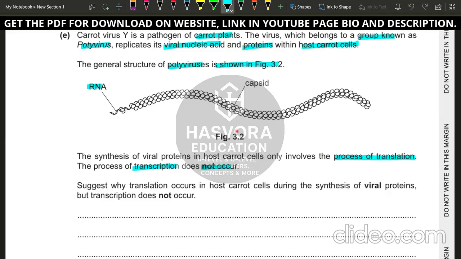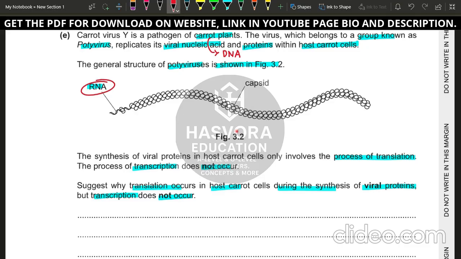Suggest why translation occurs in the host carrot cells during the synthesis of viral proteins, but transcription does not occur. Now what is transcription? Transcription is, for example, if you have a DNA, then you are transcribing one of its strands. You are copying the same code into one strand, and then that strand is translated and forms a polypeptide chain. In this case, the reason why transcription does not occur is that you only have this RNA, while your carrot has DNA.